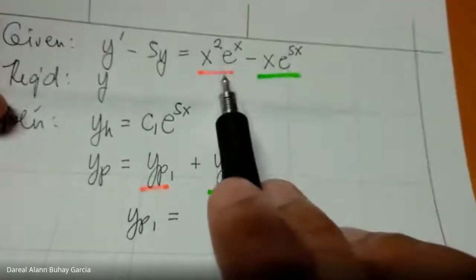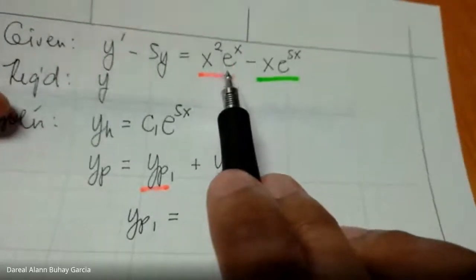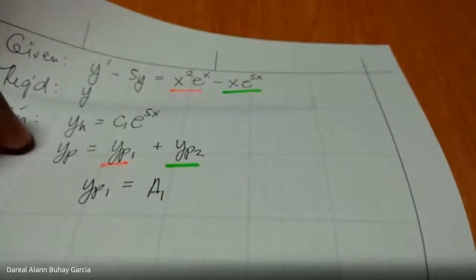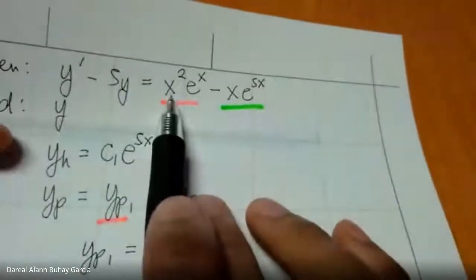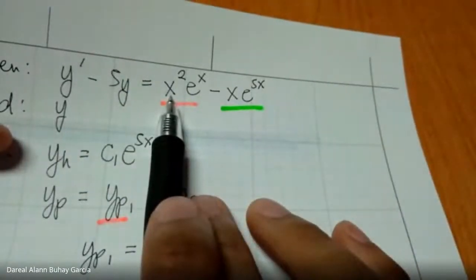So for a product with an exponential function, the assumed solution would be A1 times e to the power of x, times our polynomial, which is second degree, quadratic.